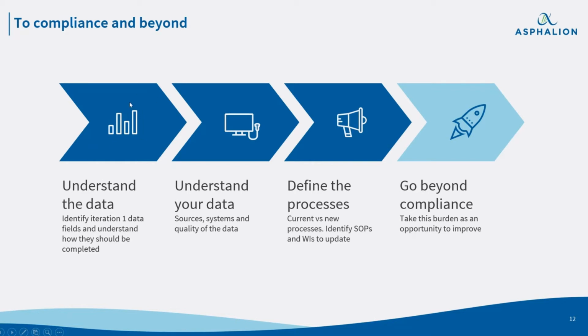This is going through the guidances and understanding what EMA wants from you as a marketing authorisation holder. Then you have to understand what you have and where you're storing this information, if you have it or not, where you can get it, and who can give you access to it.